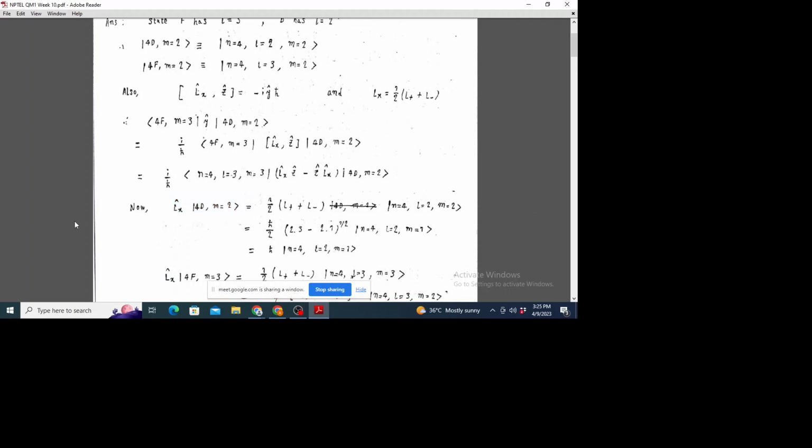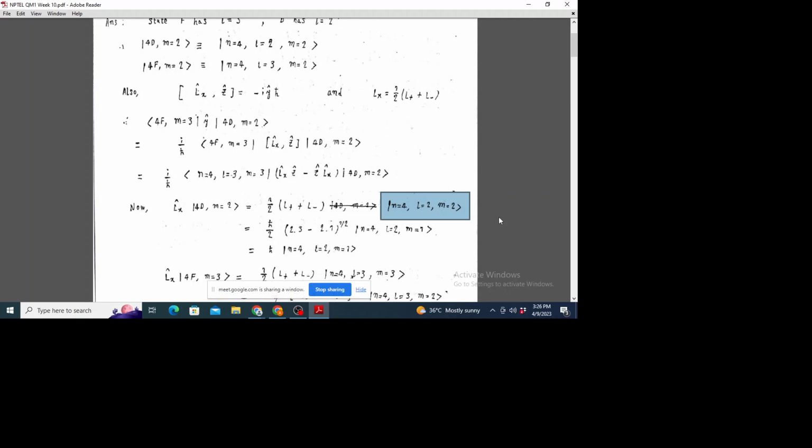Now let us find what will be the result of this operation. For that, let us first write Lx in terms of L plus and L minus, and as we have discussed, 4d m equal to 2 is nothing but n equal to 4, L equal to 2 and m equal to 2.